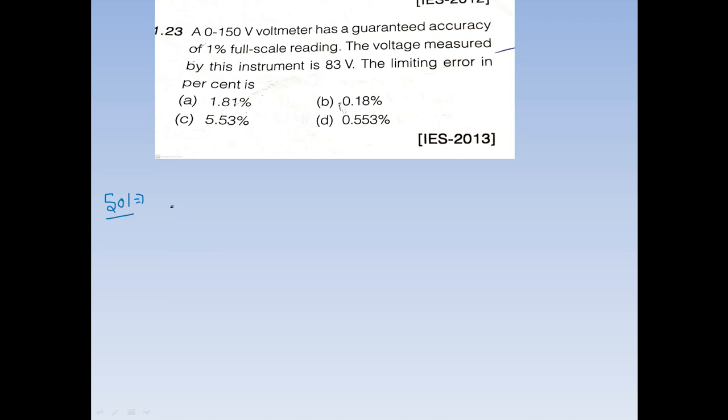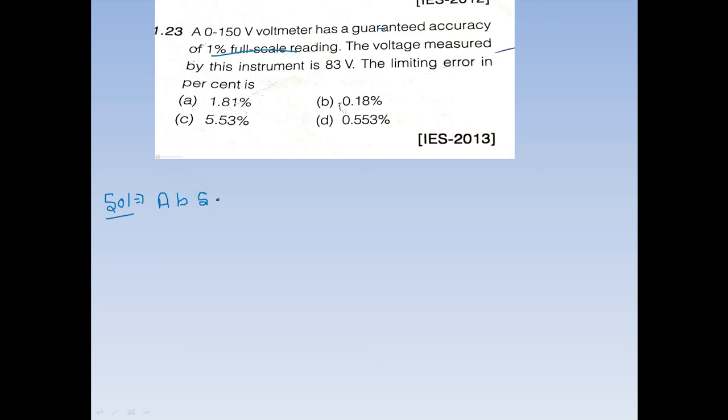The question states that a 0 to 150 volt voltmeter has a guaranteed accuracy of 1% full scale reading. So this 1% full scale reading, giving guaranteed accuracy, means this gives an error.